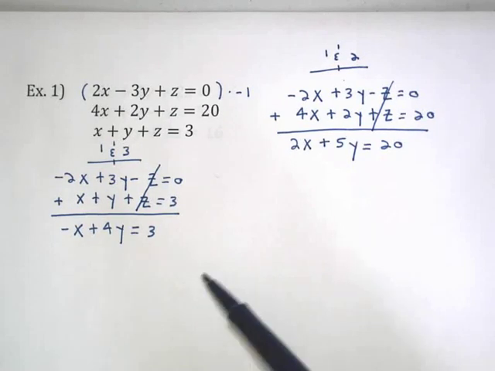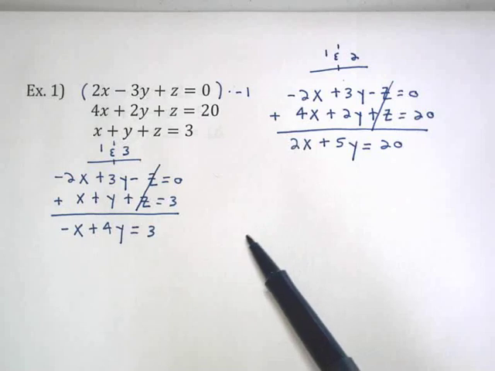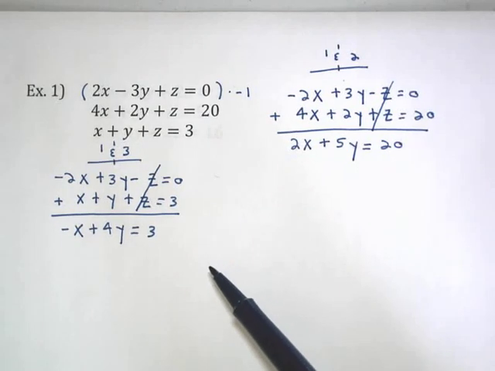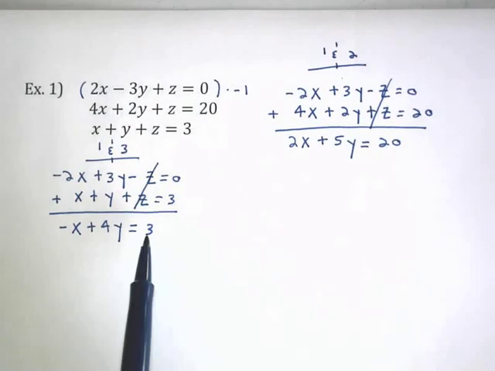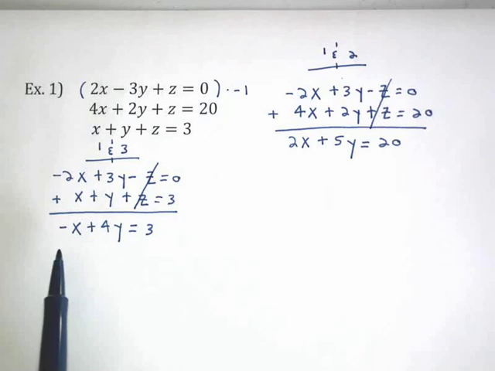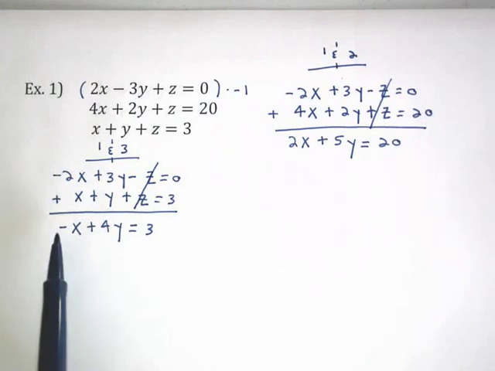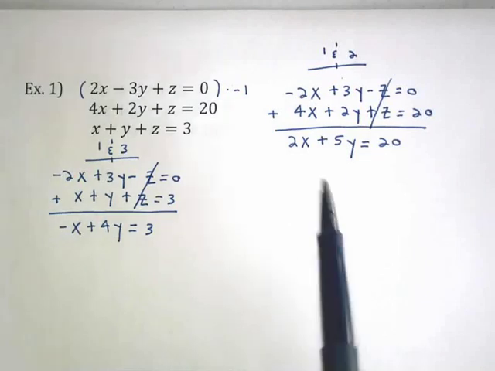continue eliminating. So if I look at these two equations, I can see that it's going to be fairly easy to eliminate my x's. I would just need to take this equation here and multiply it by 2 so that we end up with a -2x right there.